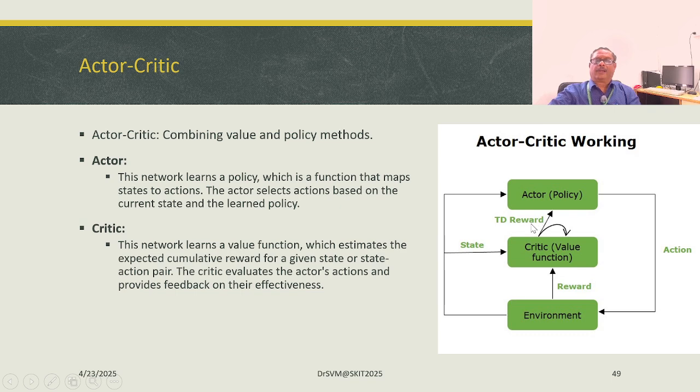And looking at this temporal difference in the reward, looking at this feedback, the actor will update the policy so that when our environment is in the same state again next time, we should be able to find a better action, so that we keep improving ourselves, improving our skills with time.